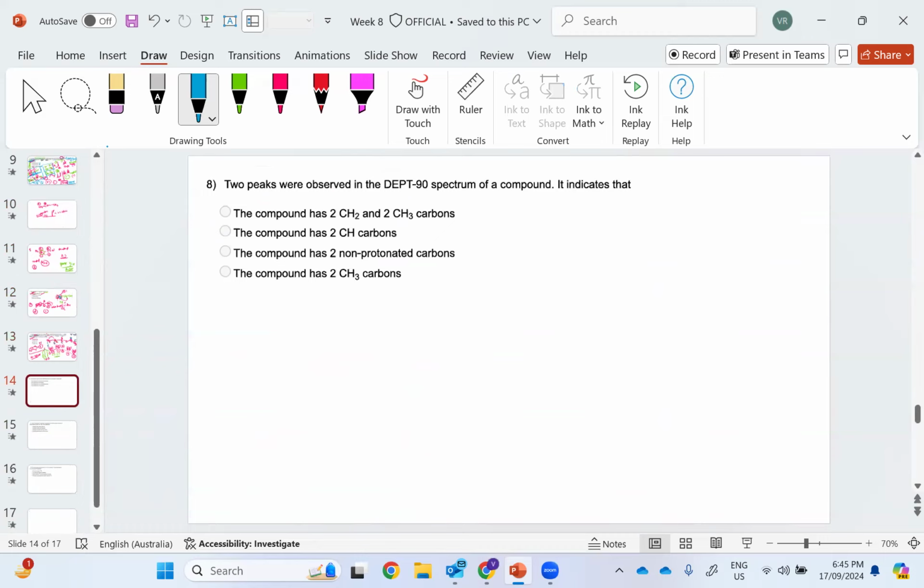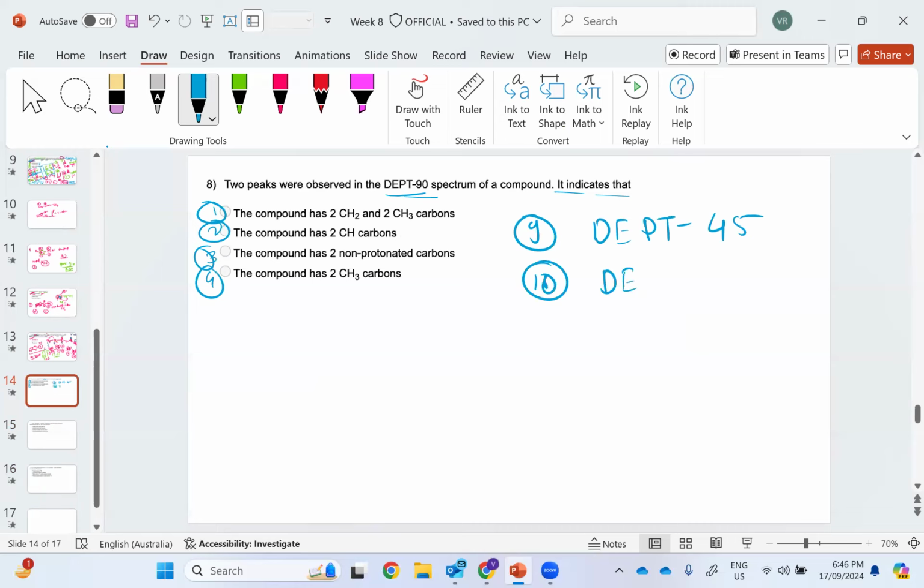It is regarding the peaks observed in the DPT 90 spectrum of the compound. What does it indicate? I don't think it is a difficult question. I will just give another question also here, DPT 45, and a tenth question, the same question for DPT 135.